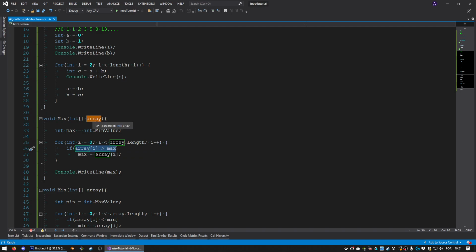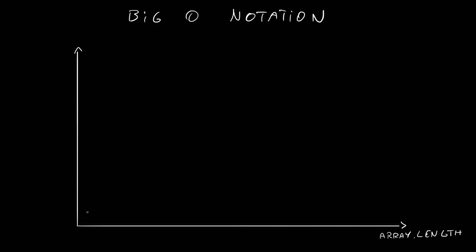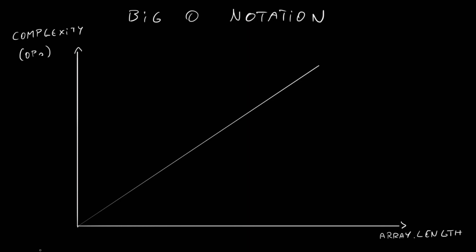If our array has 100 elements, we will do this 100 times. So we call this a linear progression. So here we put the operations or the complexity in general, right? So here we can say this is the complexity. And for now, let's just say ops, operations. In this case, it would be a linear complexity, something like that.